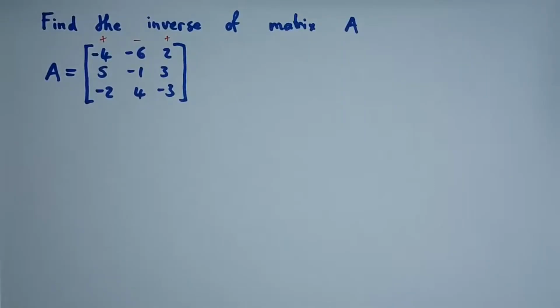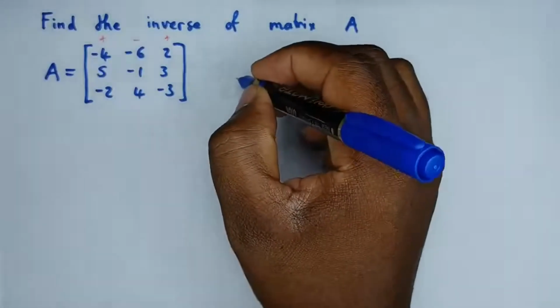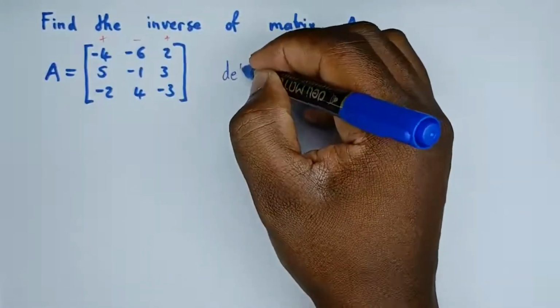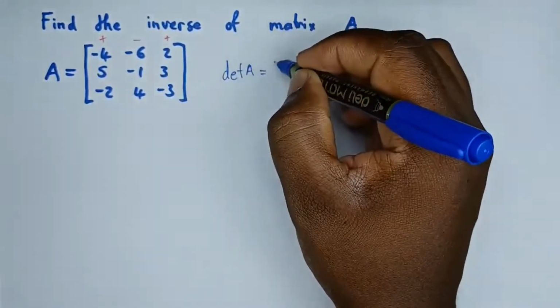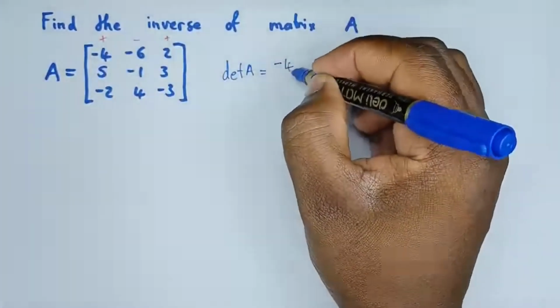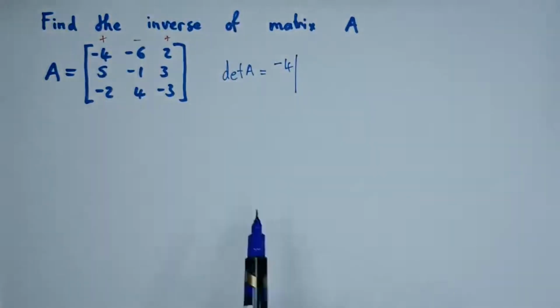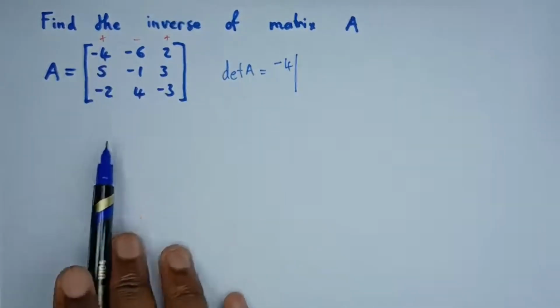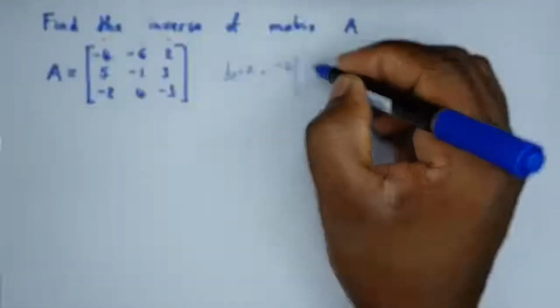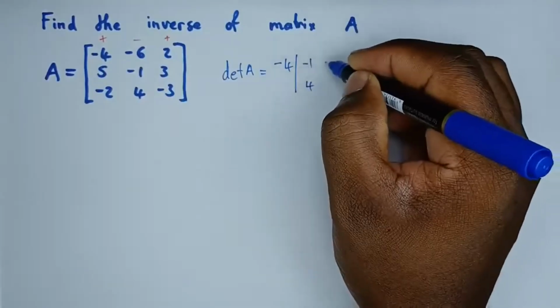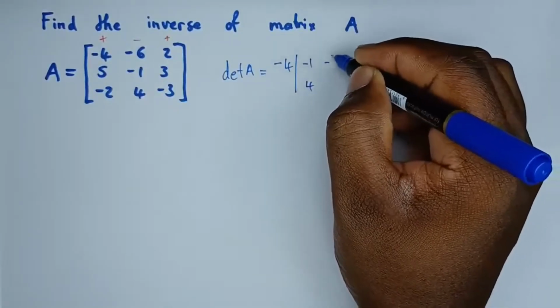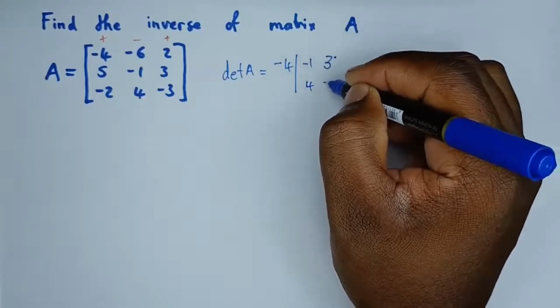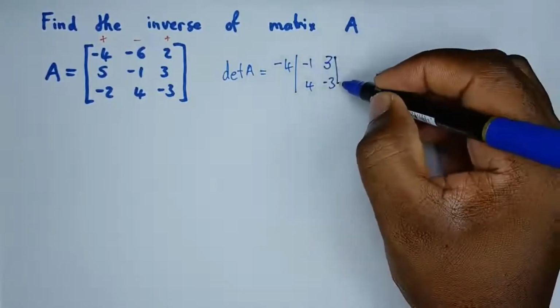So the determinant of this matrix will be given by det A equals, so we start with -4, then we form a 2 by 2 matrix, which is formed of course by everything except what is in this row and this column, which is -1, 4, 3 and -3, like this.